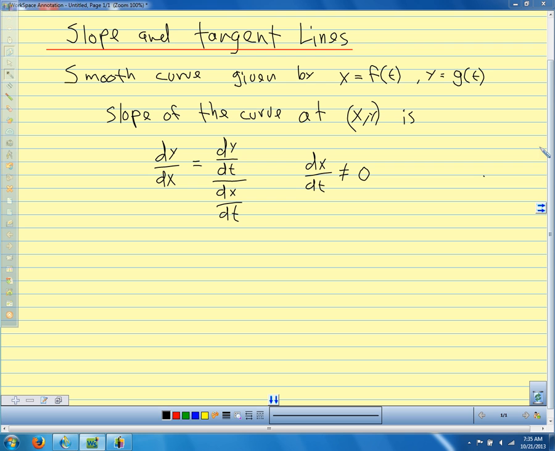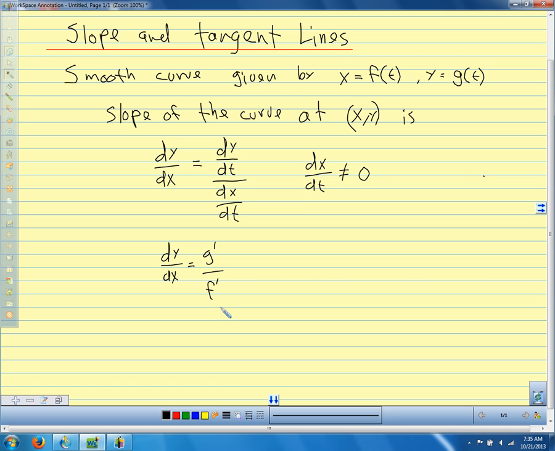And often you'll see this written. We can also write that dy/dx is g prime over f prime, just to shorten our notation.